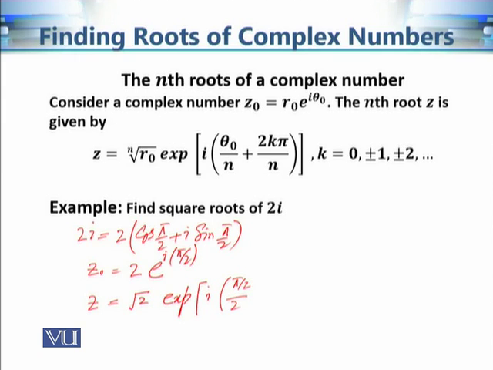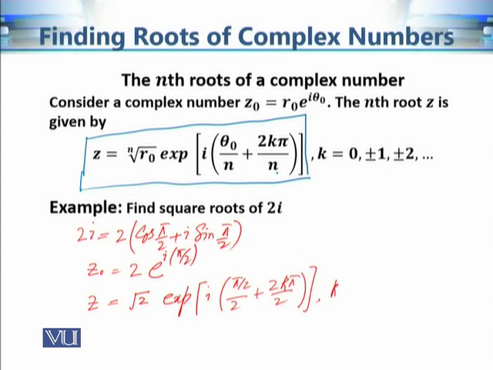Now using this fact, we are just going to replace n with 2 because we want to find square roots, and r naught with 2 and angle theta naught with pi by 2. And here we get the answer. Now, when we take k is equal to 0, we get 1 plus iota, and when we consider k is equal to 1, then we get the root to be minus 1 minus iota.